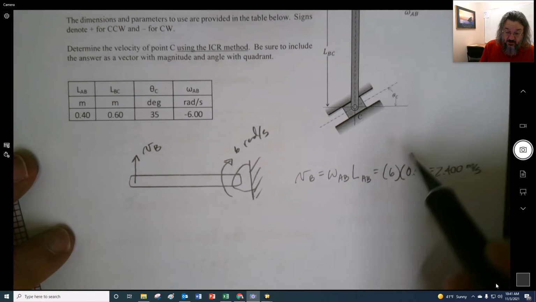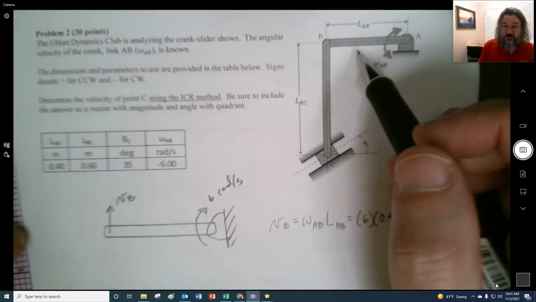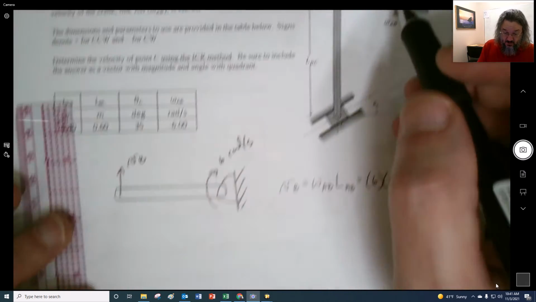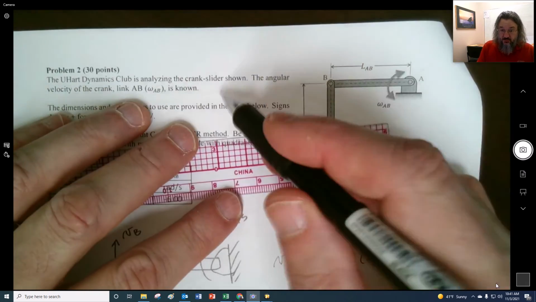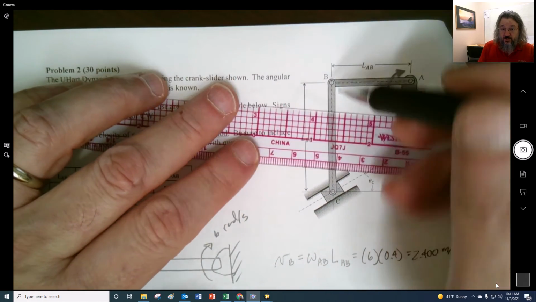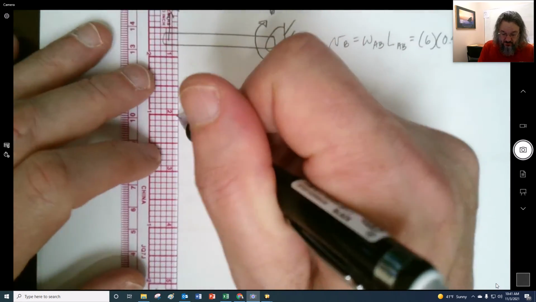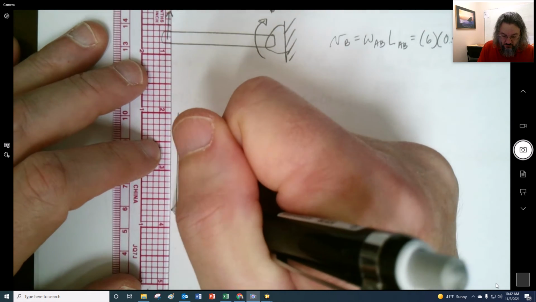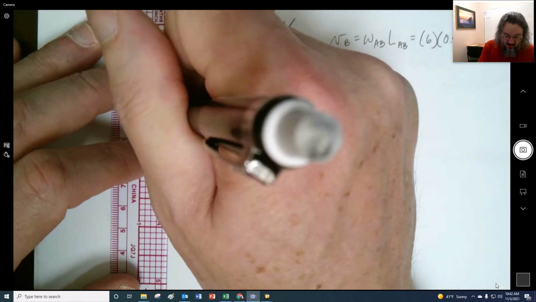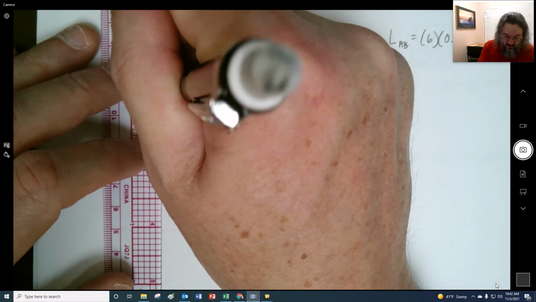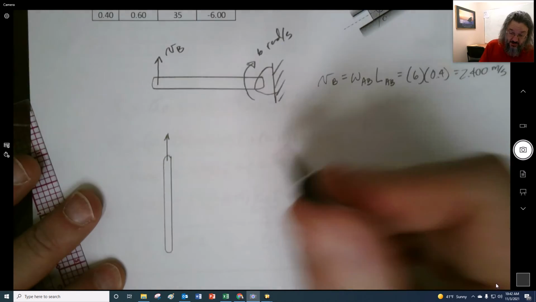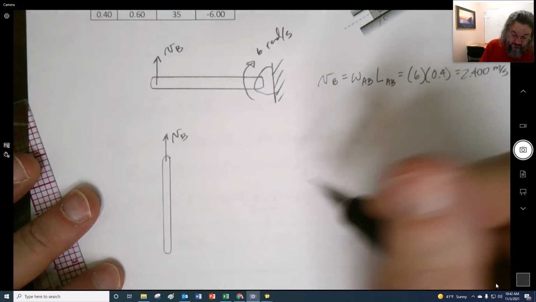Okay. Now our next task is to find the ICR. So looking up at this, I don't have enough room to really draw it out here, but maybe I'll draw it down here. I have a velocity that I know that direction right there. That is our VB.